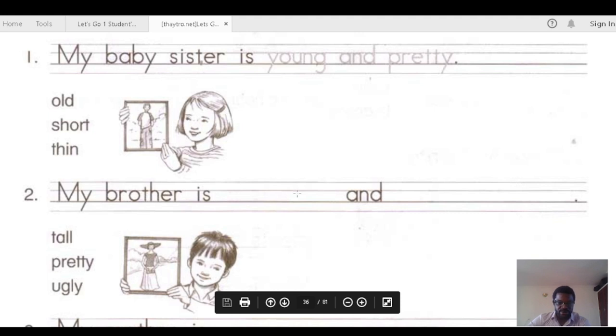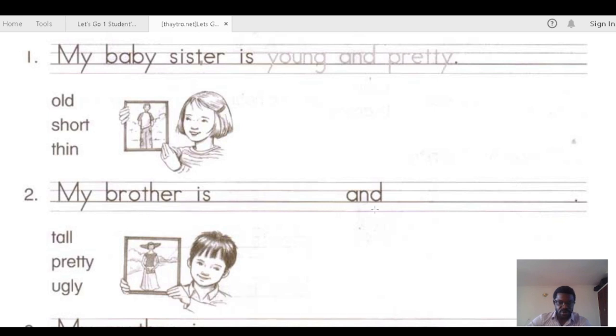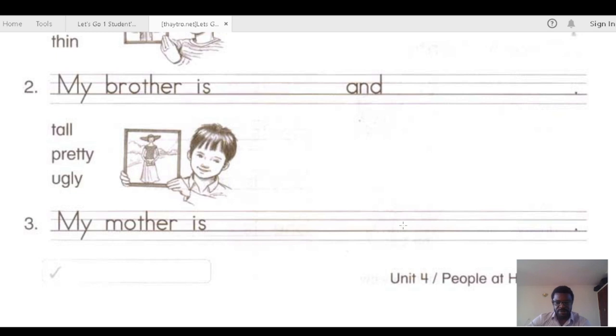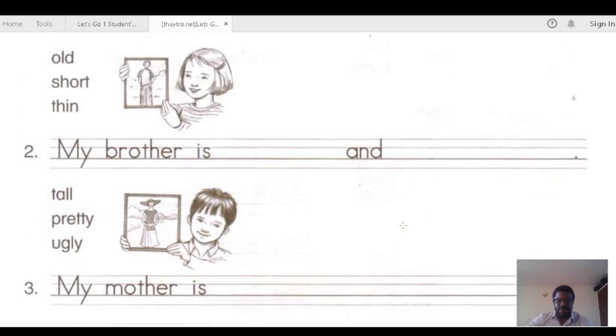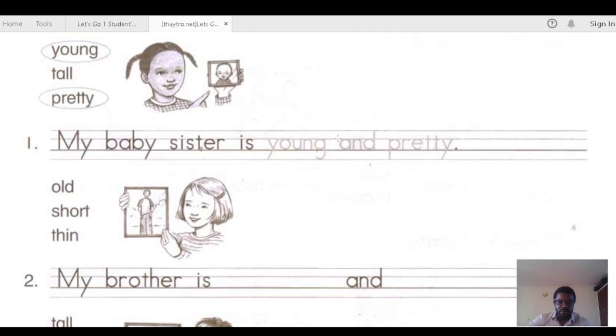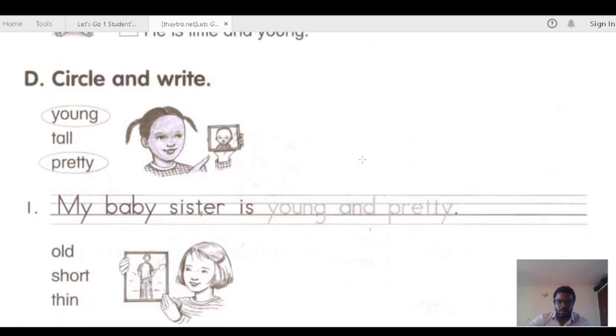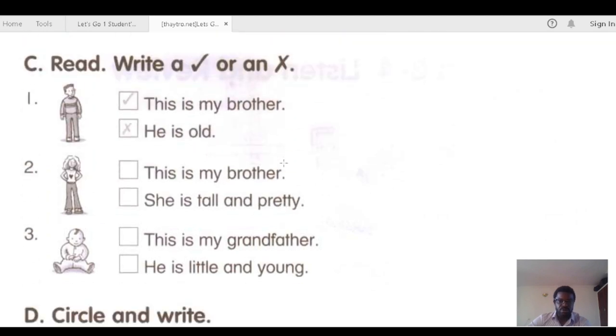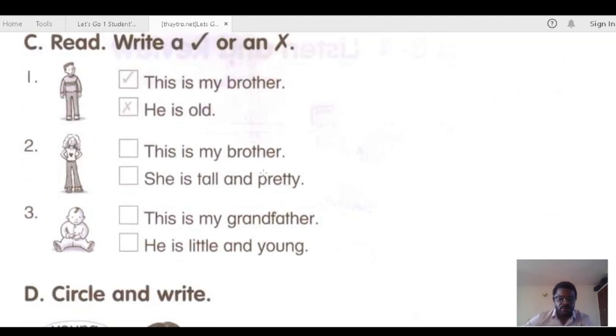My brother is tall and handsome. My mother is. Try to make sentences with them. Practice your English speaking at home using all these that you found in your books. Okay? They are meant to be used. So use them.